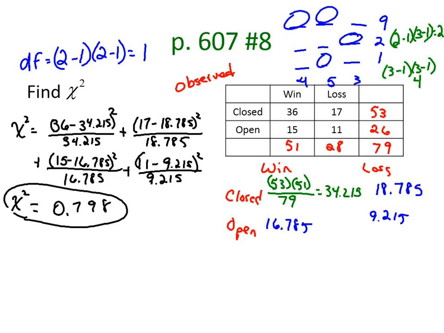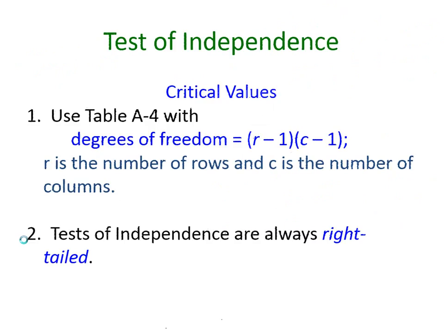So it's fitting with what our common sense just said we were going to need. That's what degrees of freedom is helping you figure out. It's just a formula to figure out how many data values you have to have to be able to figure out everything else. So your degrees of freedom is the number of rows minus 1 times the number of columns minus 1.